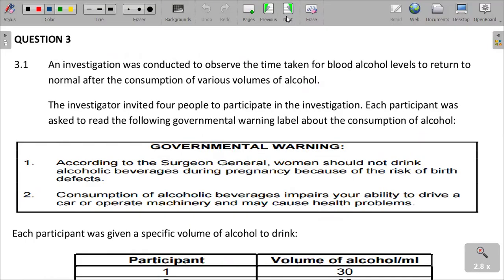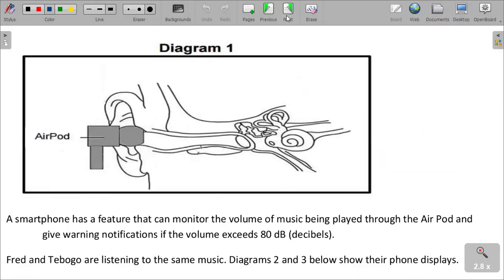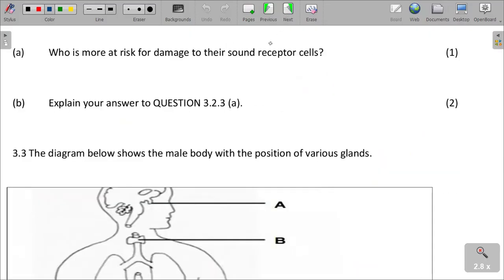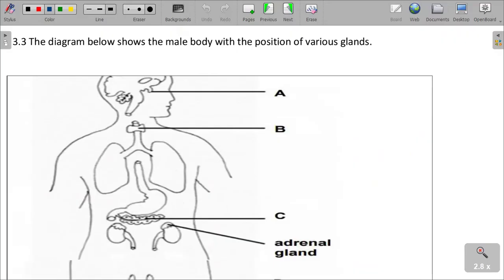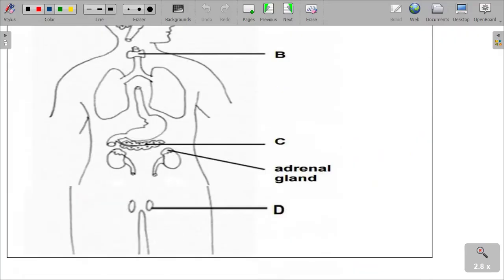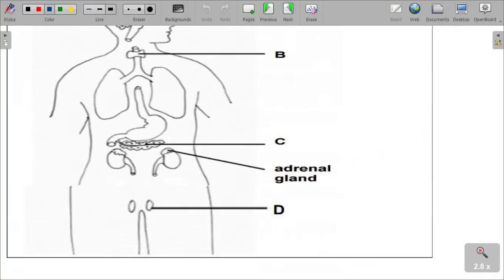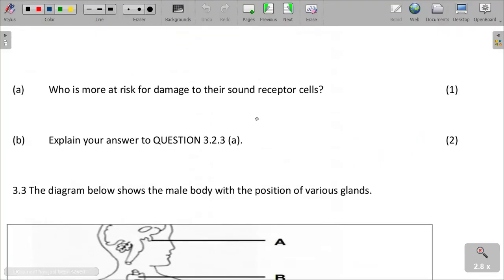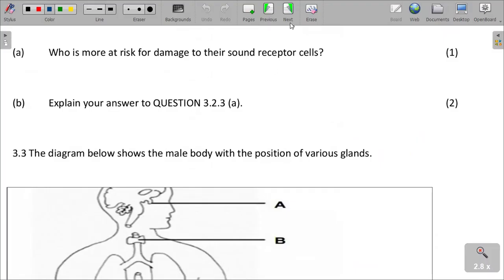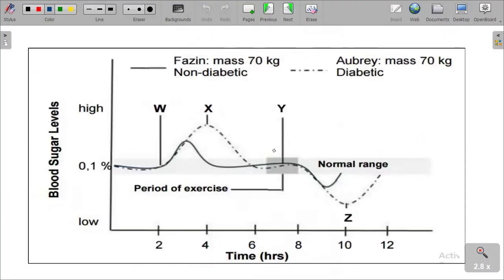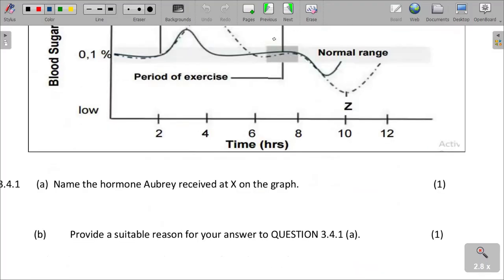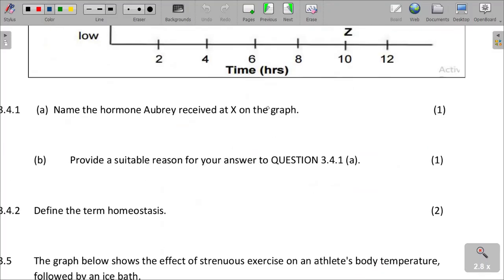Just be patient and follow the presentation to the end. This is a comprehensive coverage of the entire syllabus of Paper One Life Sciences. It is a replica of our national paper that we're going to write. Let's follow and relate to all the questions that are coming in.